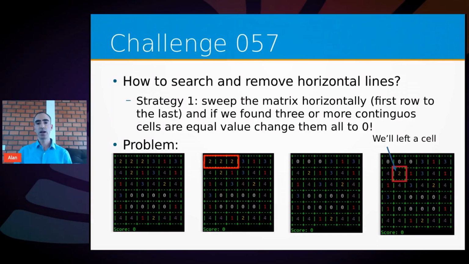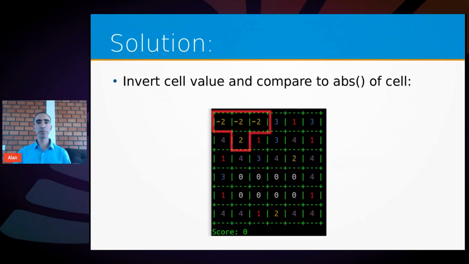In this case, if I remove the first line, the same color cells in the second line will remain in the game board. They will not be removed. So I needed to figure out how to fix it, and I came up with a simple idea. Instead of writing 0, zeroing it, I just turn it negative.